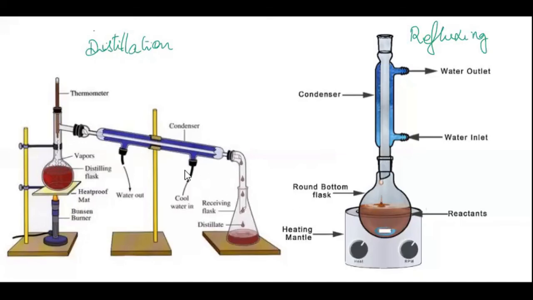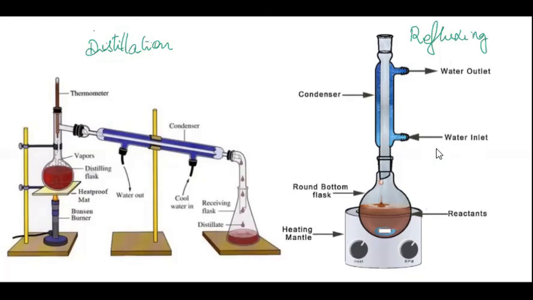Then you can see a condenser having a cool water inlet and a hot water outlet. This also has a cool water inlet and a hot water outlet, meaning both are partially the same. Then what is the difference between distillation and refluxing? In distillation, the component will be collected in a separate container, whereas in refluxing that is absent.